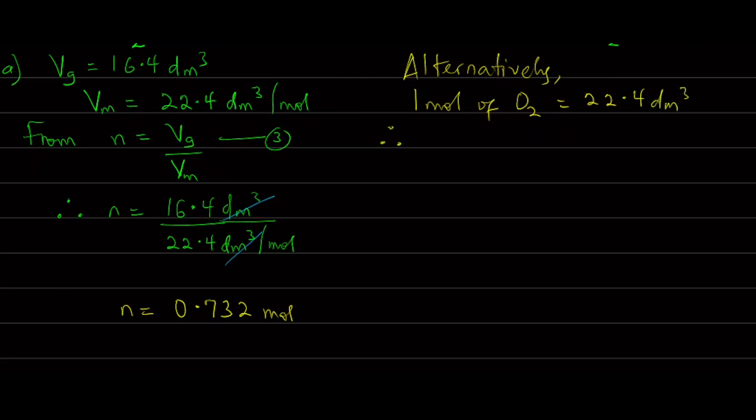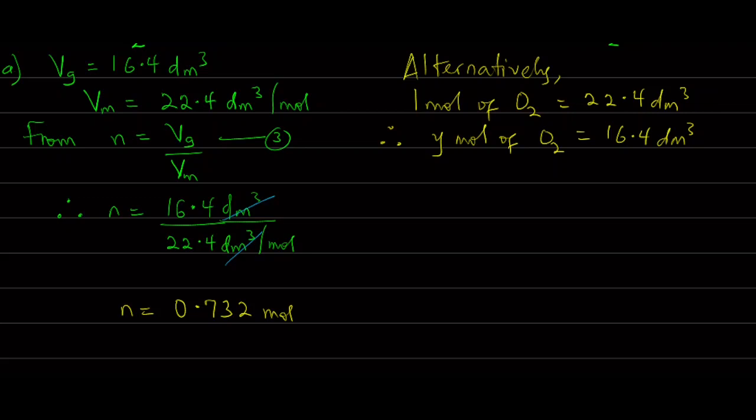Therefore, let's use another letter: Y mole of O2 will occupy a volume of 16.4. Like I said, we can reverse the process by saying 22.4 dm cube is equivalent to 1 mole of oxygen gas, then 16.4 dm cube equals Y. Anyway we have done it, we all have the same answer.